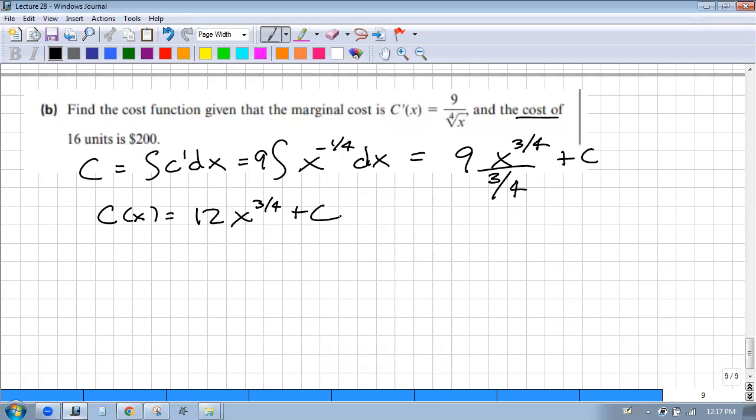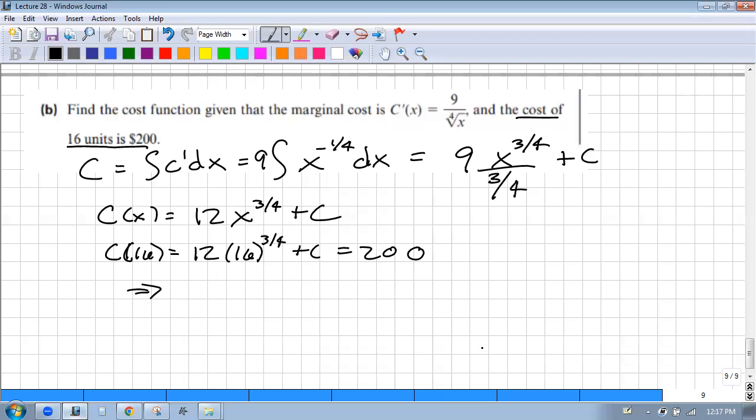All right, so that's our C of x, but they give us the fact that 16 units is 200 bucks. So C of 16 would be 12 times 16 to the 3/4, right? Should be $200. Okay, well, let's see.